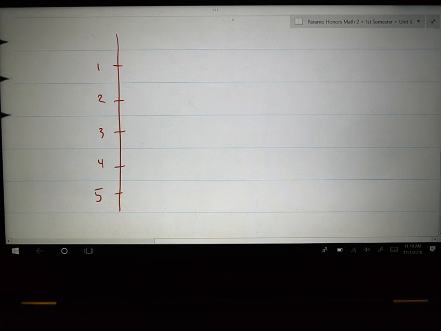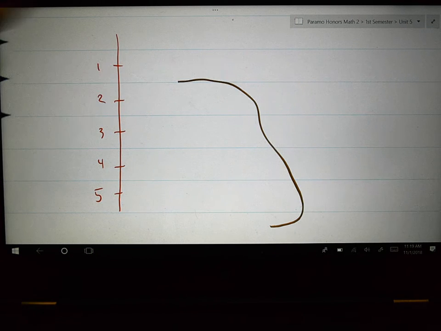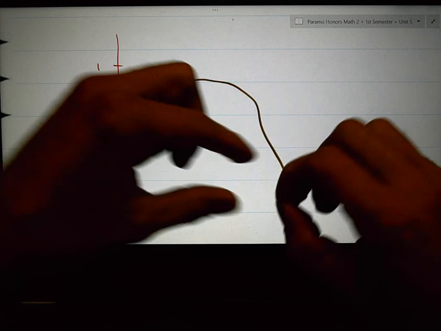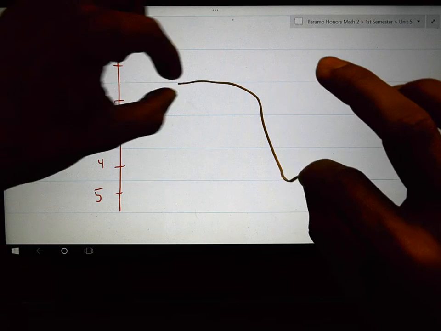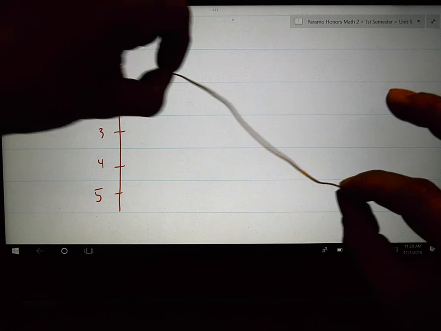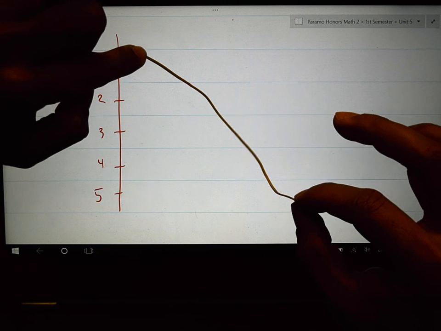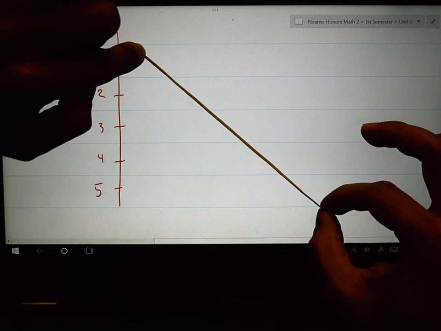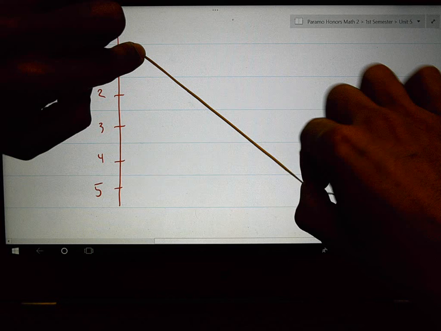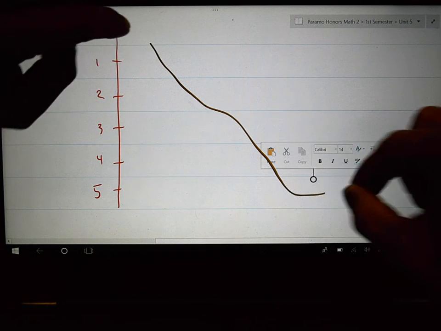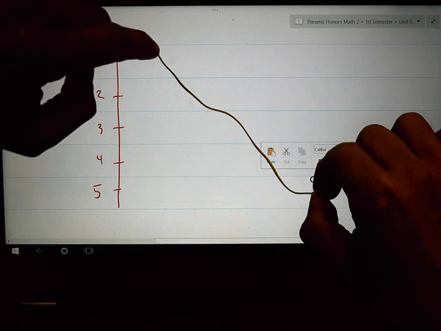Let's say, for instance, I have this rubber band, and I want this rubber band divided into 5 equal pieces. Instead of measuring, all I have to do is take my rubber band, go to the very start of here, put this down to the bottom where the 5th one is, if I could keep this straight without stretching anything, which is not going to be easy.